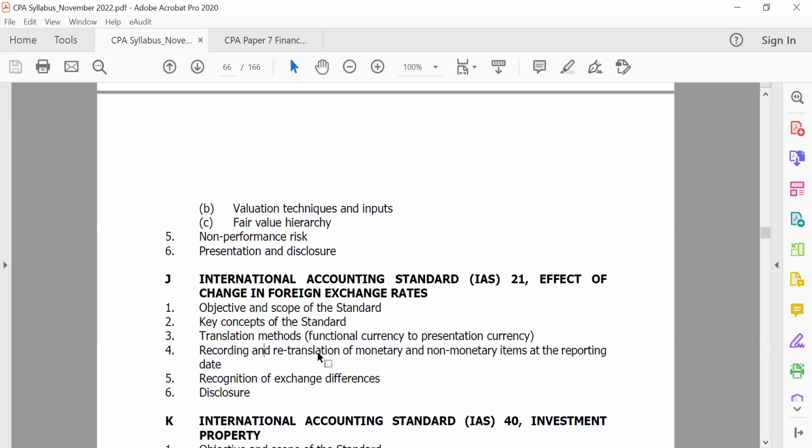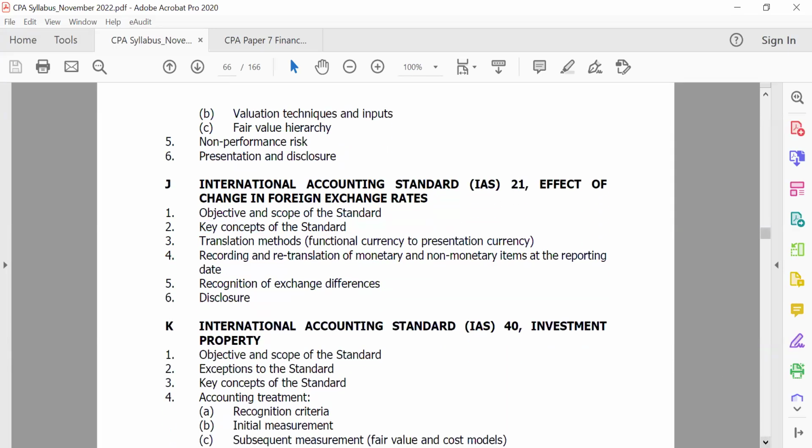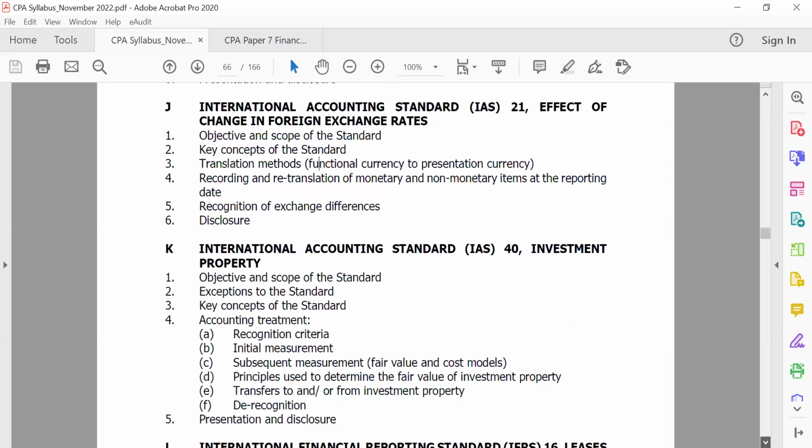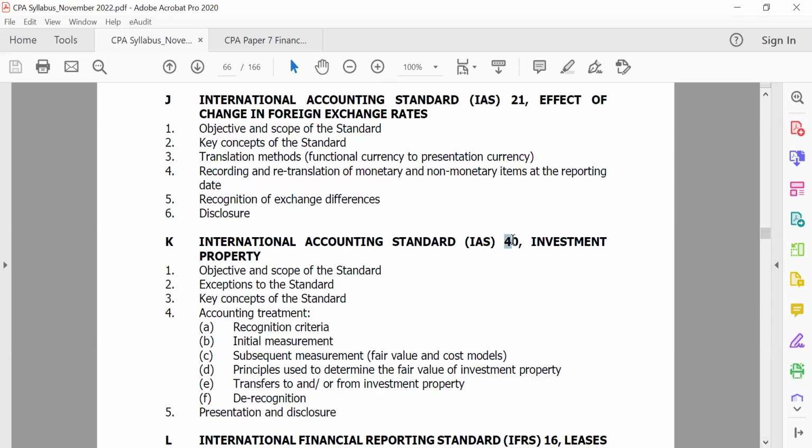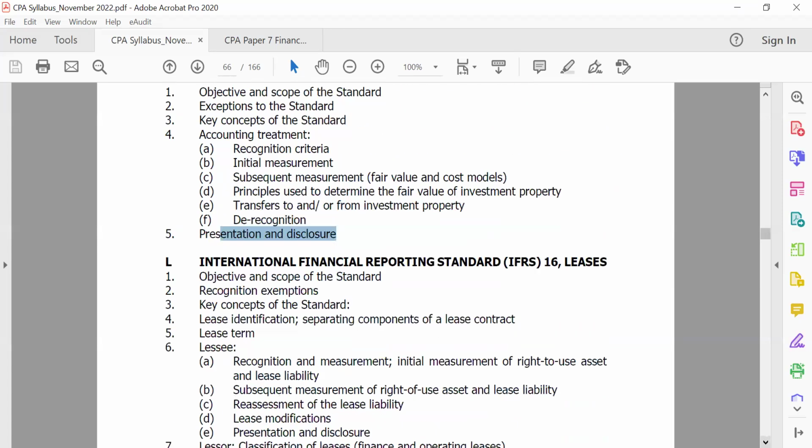So we need to understand how we prepare and how we utilize the standard in reflecting any changes that have happened in the foreign exchange rates. And then we have investment property, which is IAS 40. We'll also understand the recognition, initial measurement, subsequent measurement, and so on, not forgetting the presentation and disclosure.